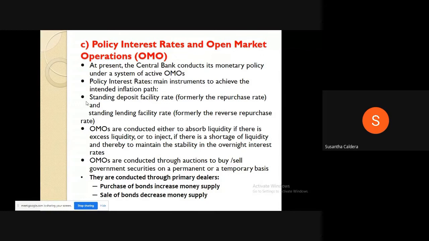Under this, policy interest rates and open market operations are conducted either to absorb liquidity if there is excess liquidity, or to inject if there is a shortage of liquidity, and thereby to maintain stability in the overnight interest rates.